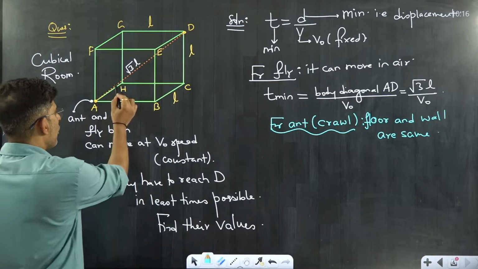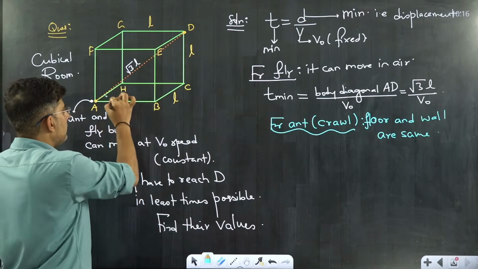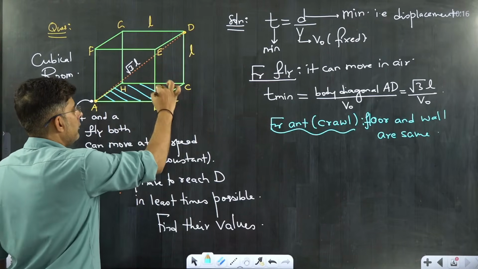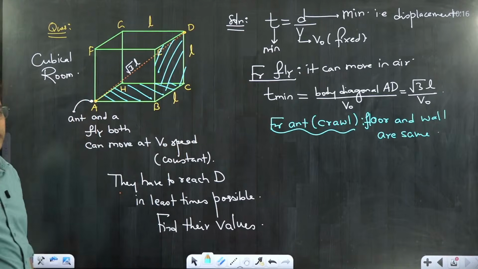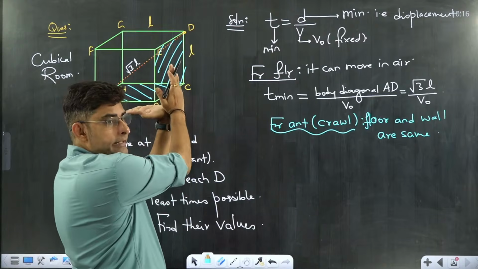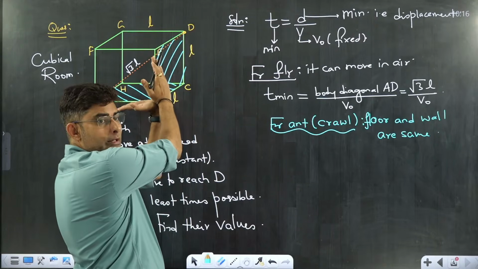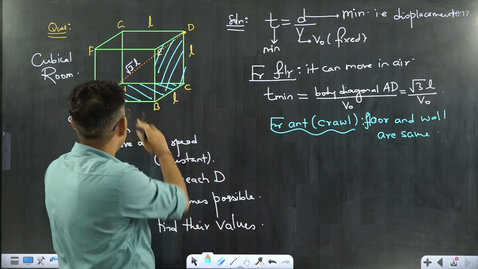So if it has to go from point A to point D, this is the floor, and this is the wall. These both are the same. So just see how it is standing, like this. If floor and wall are the same, I can make them flat also. You just open this. Floor and wall are the same, so I make it flat.